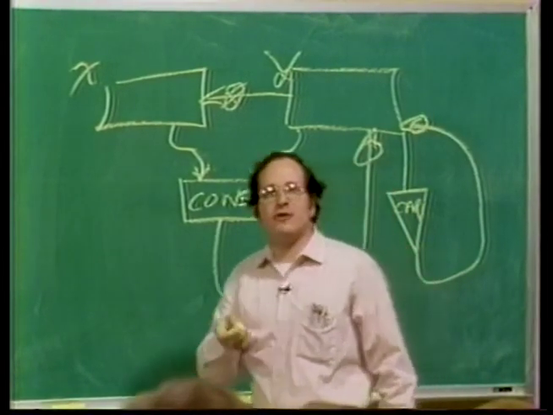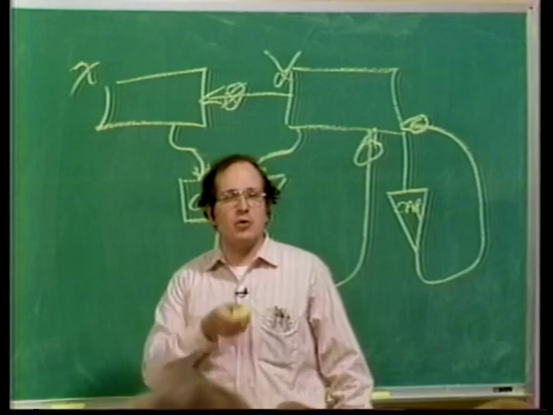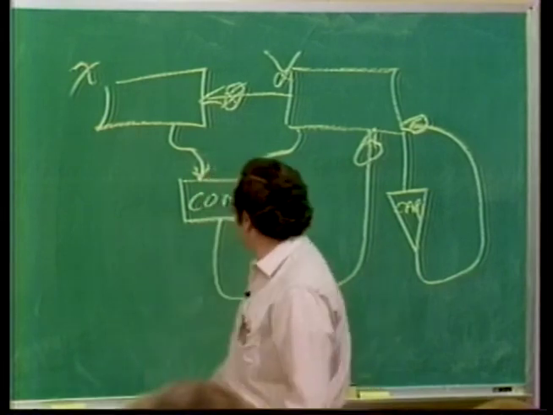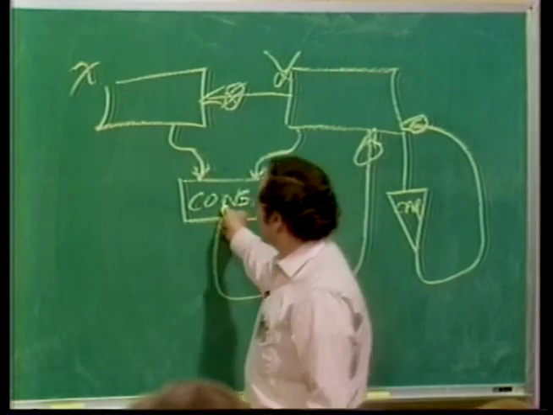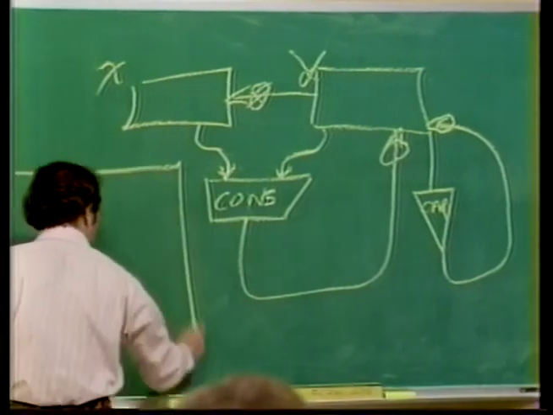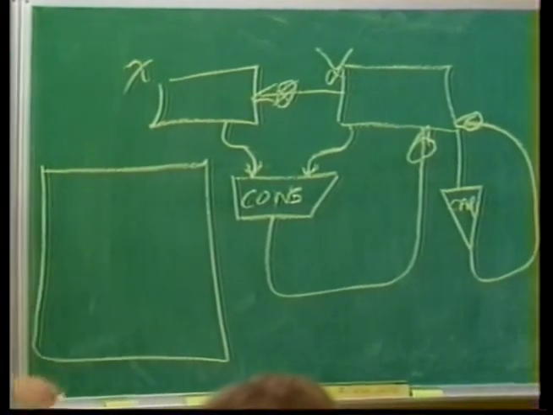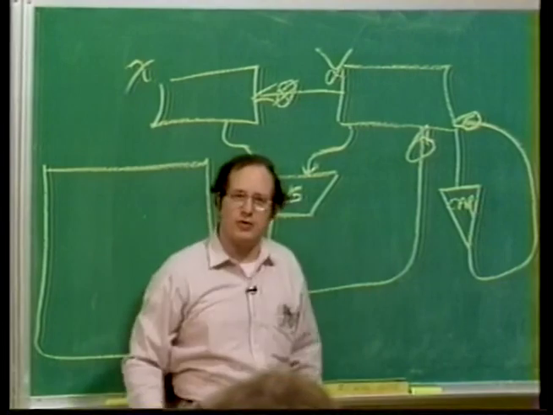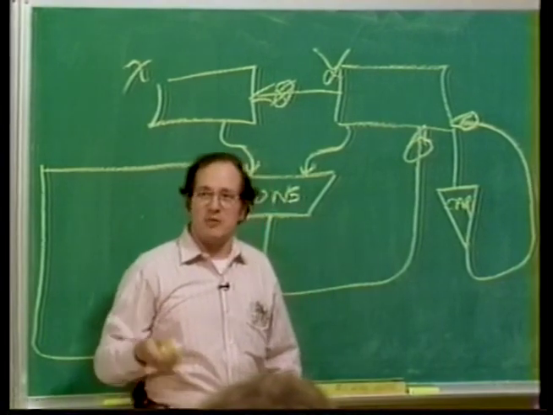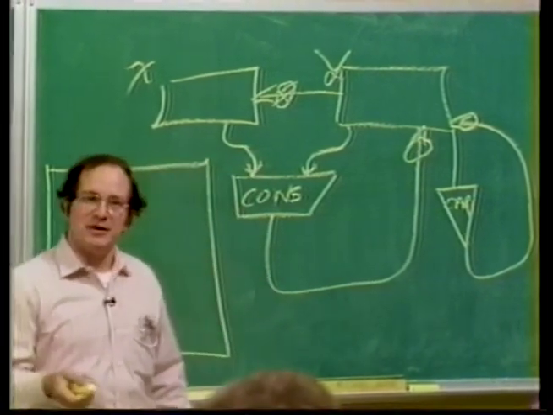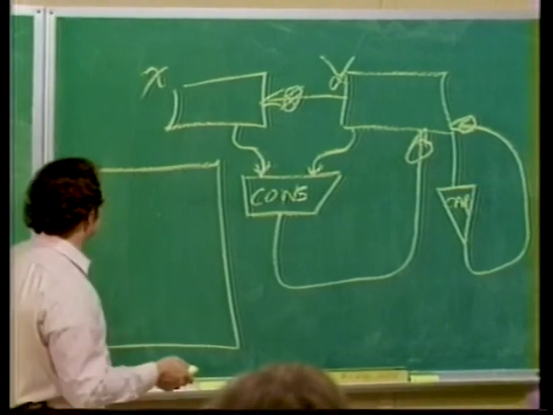Well, we shouldn't be too afraid of saying things this way, because the worst that could happen is if we open up cons, what we're going to find is some machine. And cons may in fact overlap with car and cdr, and it always does, in the same way that plus and minus overlap and are really the same business.